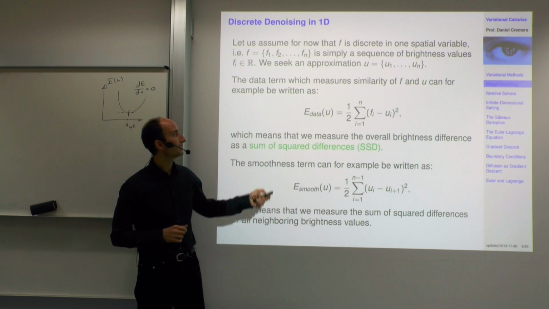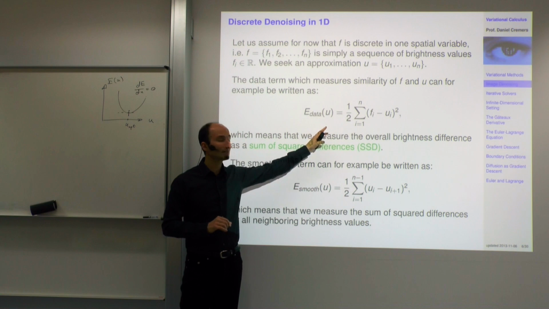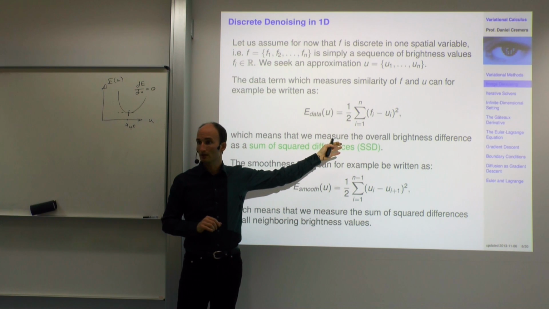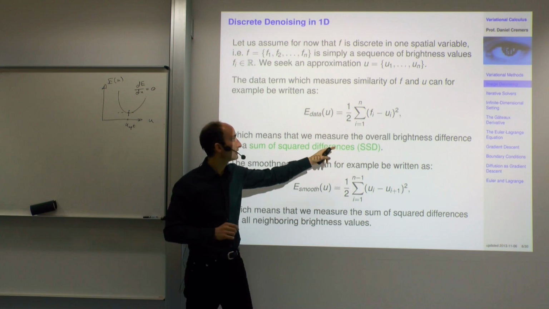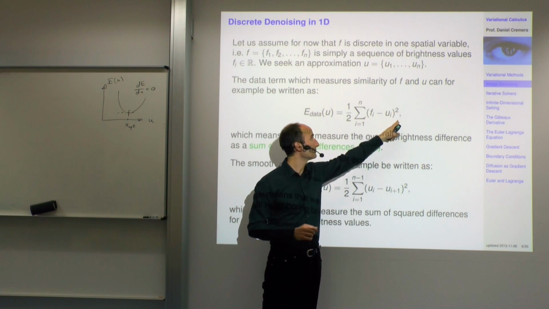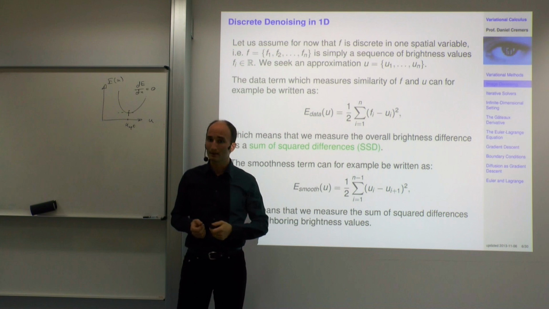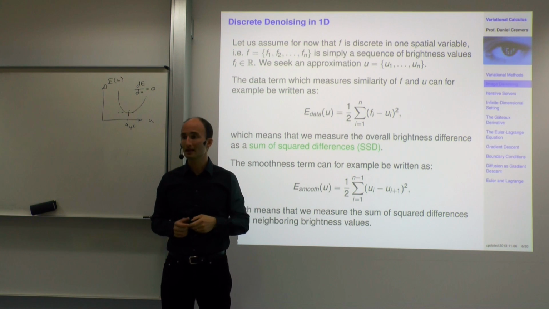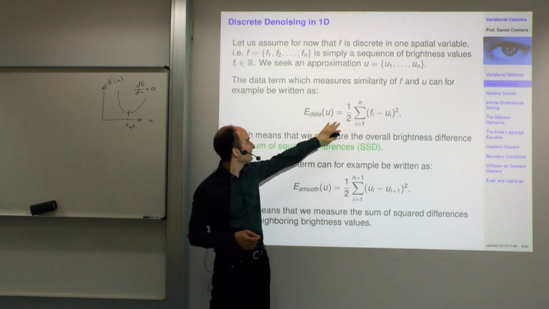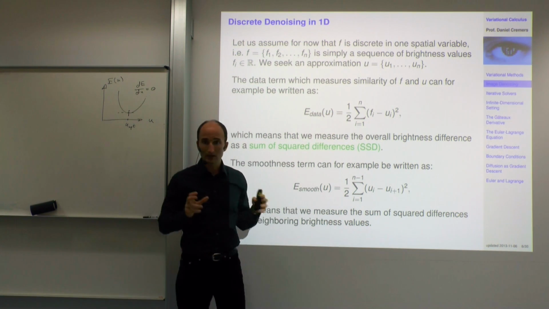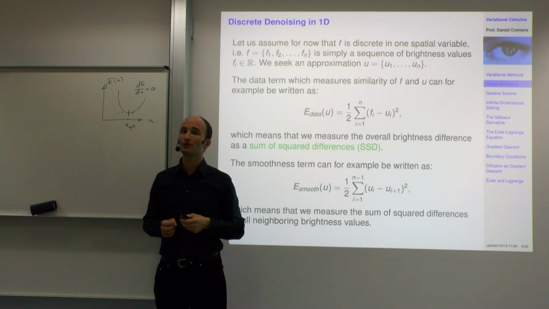So that measures data similarity, and what I should say is this is one possible choice. There are other choices. For example, you can just take the absolute norm and drop the square. And it turns out in some scenarios that may give better performance. So the key is that we want to impose similarity to the data.